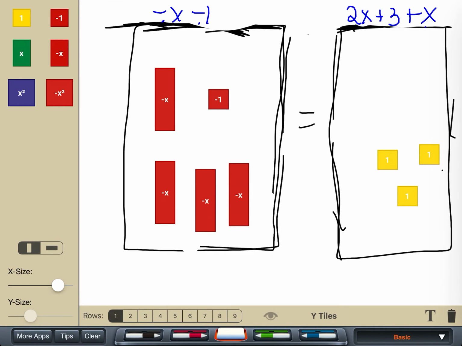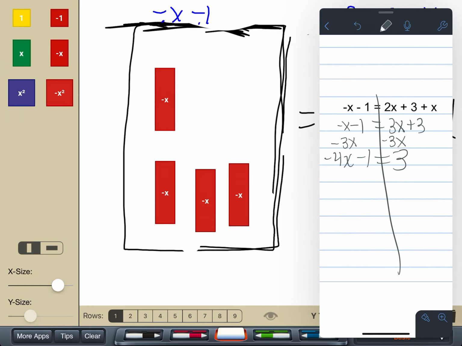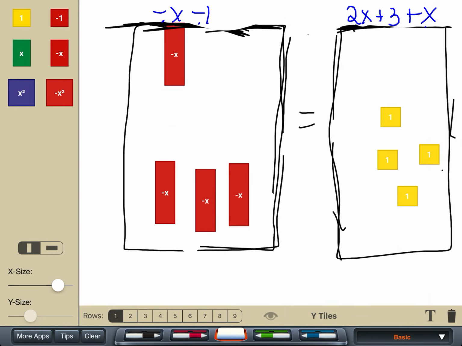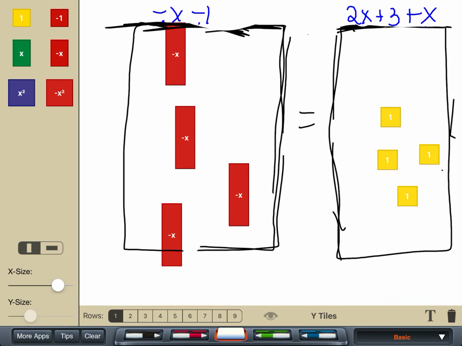Now that all of my x's are on the left side, I'm going to move that 1, so I get my constant or my number. I'm going to add 1 to both sides. That turns to 0. So if I add 1, then I get negative 4x equals 4. And then I'm going to split this up into groups, like this.